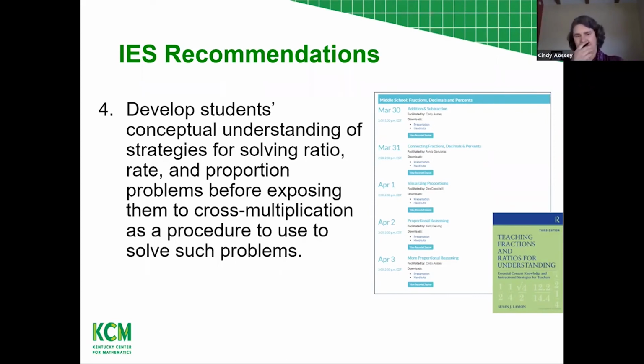But one of the things I find fascinating about this particular recommendation is they're very specific in this one sentence. They make the point of saying we need to understand it before exposing them to cross multiplication as a procedure. Where else in our standards have we seen examples that too early exposure to an algorithm or a procedure does harm, right?